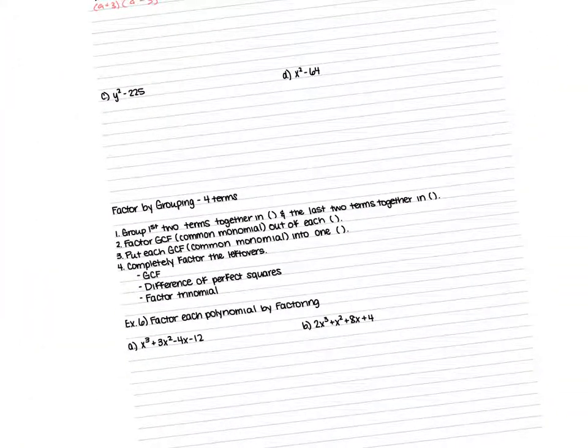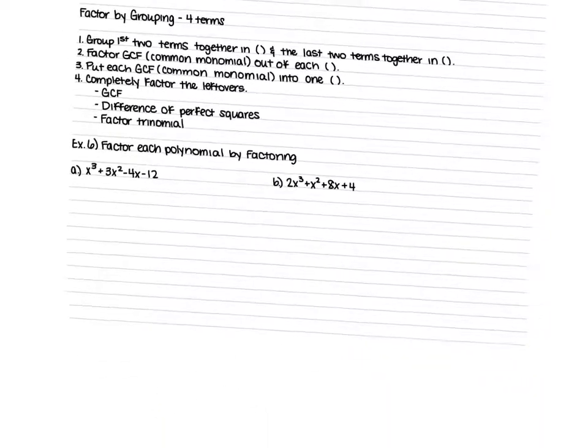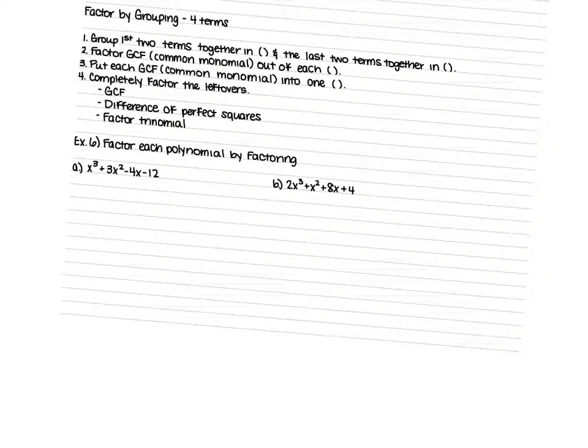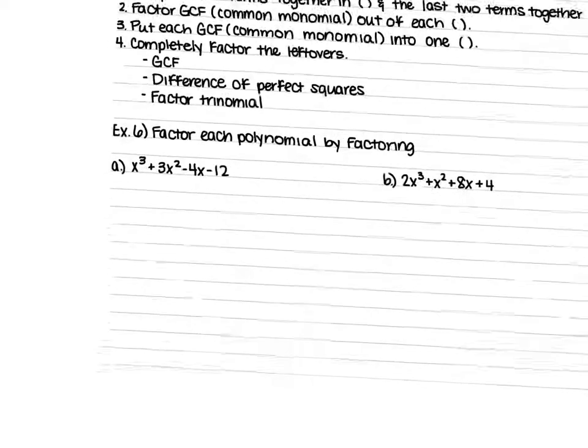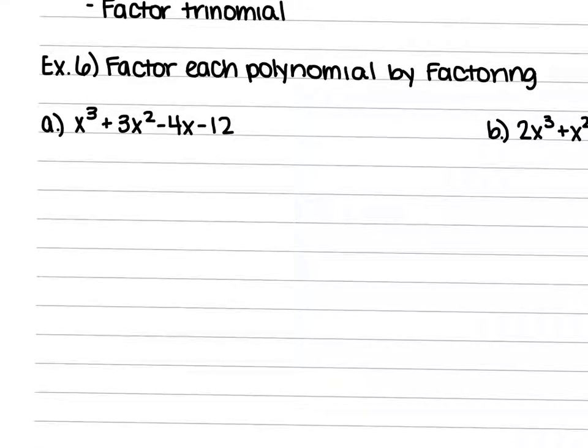Then we did 4 terms. Well, we did those by grouping. When we did them by grouping, it looked like this. We grouped them. So we wrote x to the third plus 3x squared, and then we wrote negative 4x minus 12.